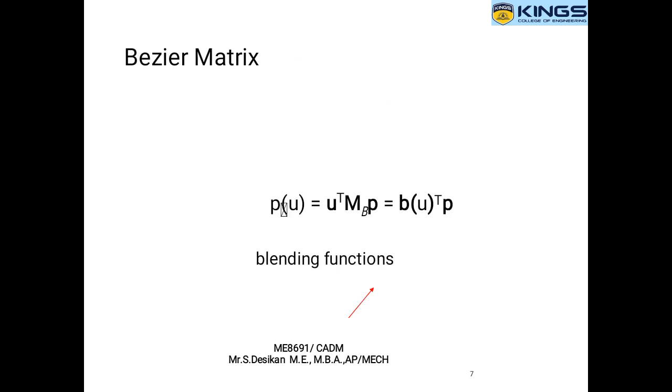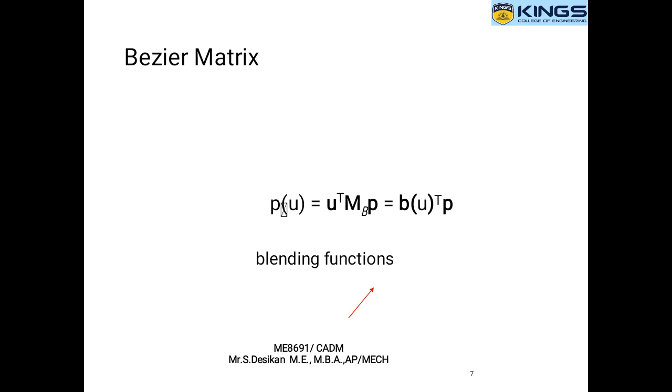So the basis matrix can be formed based on this equation: P(u) is equal to U transpose into M suffix B into P, that is equal to B(u) the whole transpose into P. P is a point, u is the universal function, U transpose is u transposed, M_B is the matrix for the base function, and P is the point function.